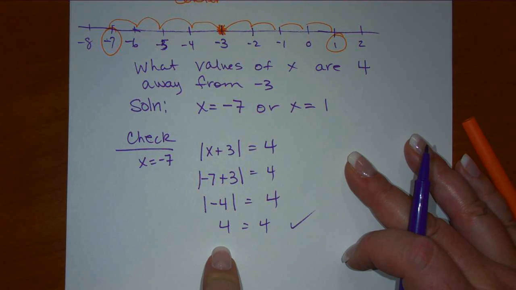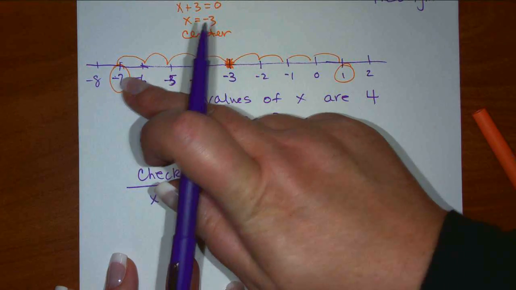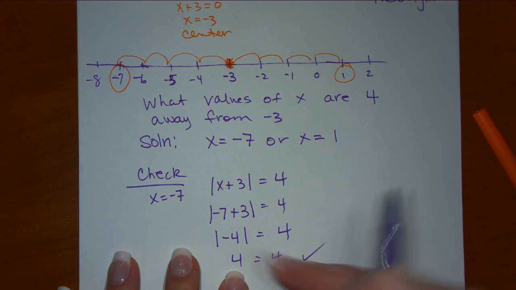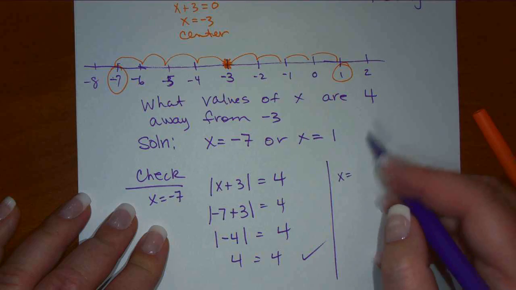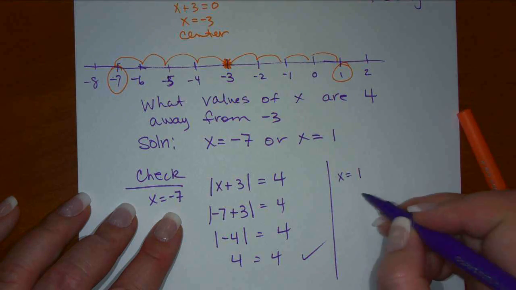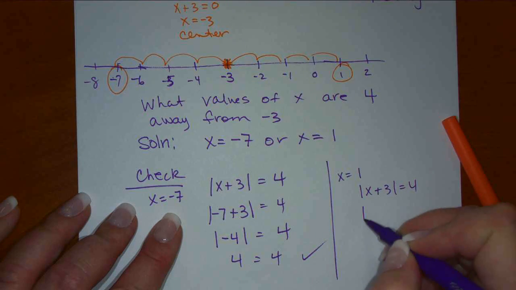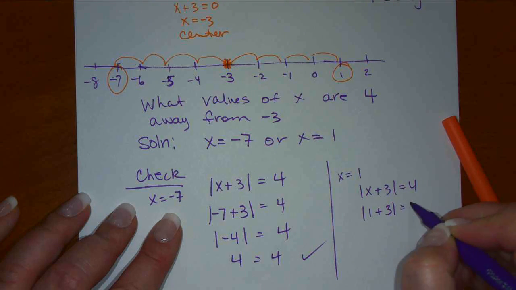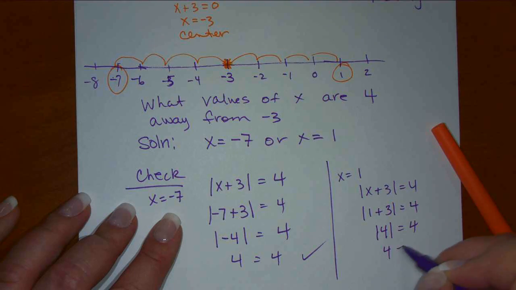So it worked. That one was our negative, right? See, we went in the negative direction for that. That was our negative one. And then what should the other one give us? It'll give us the positive side. So x is 1 if we plug that in. We get the positive.